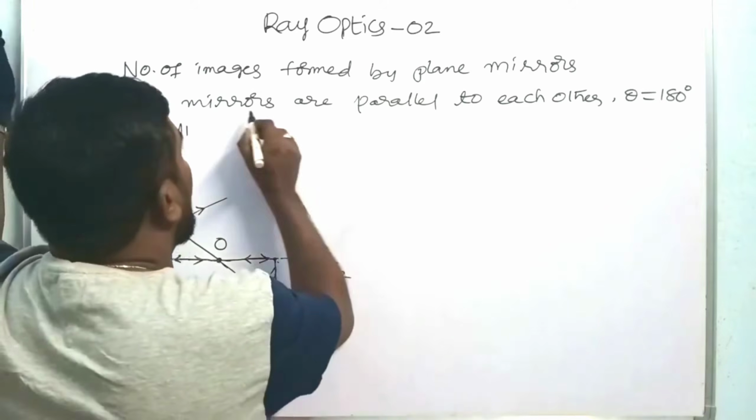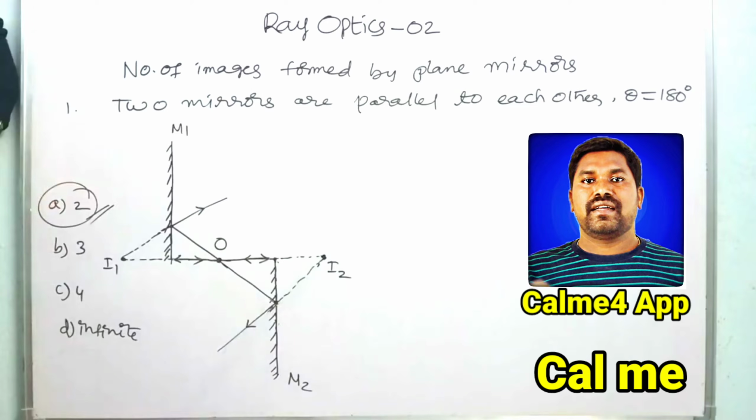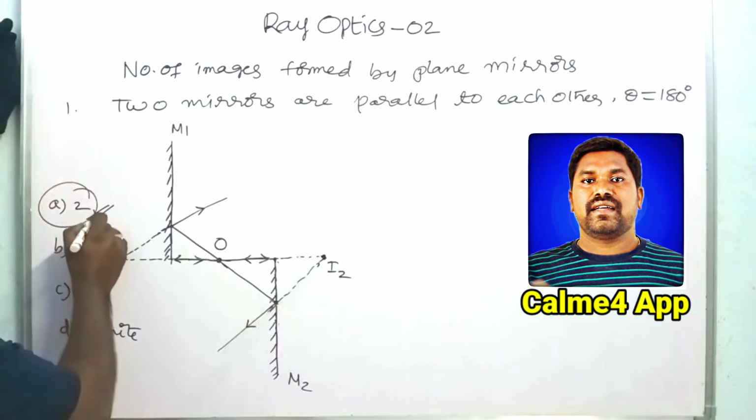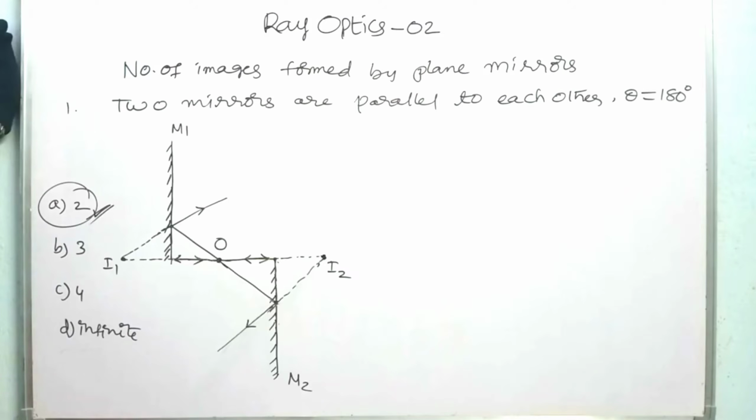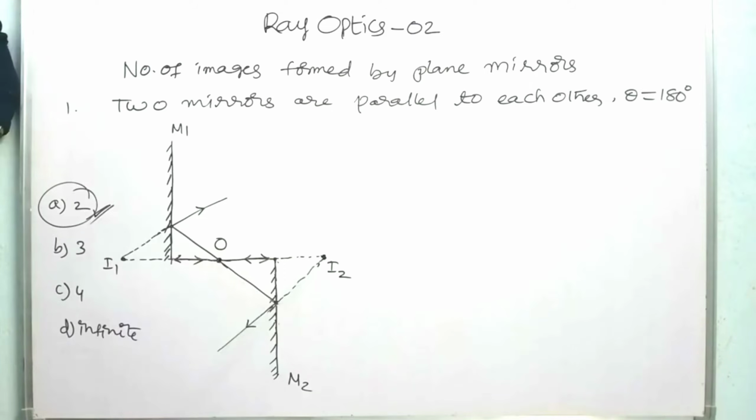If 2 mirrors are parallel to each other, then an infinite number of images will be formed. Why here are only 2 images formed? The location of the object is the main thing. This is one of the important points you have to remember.